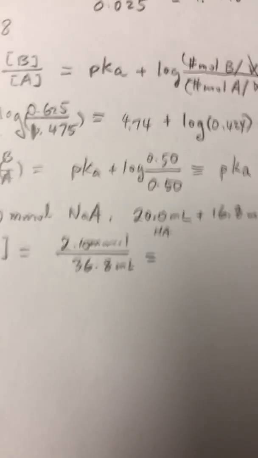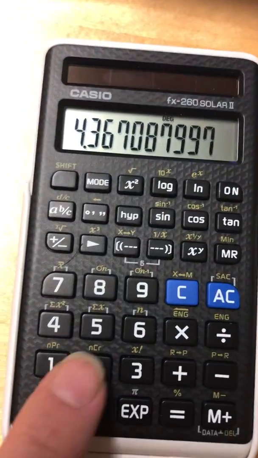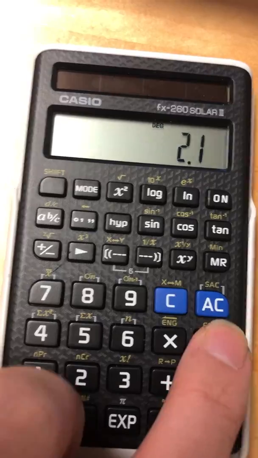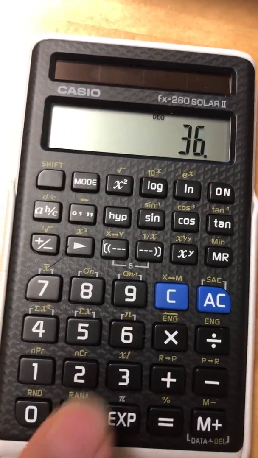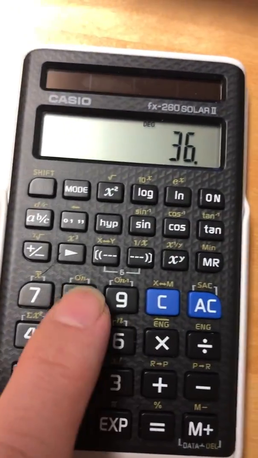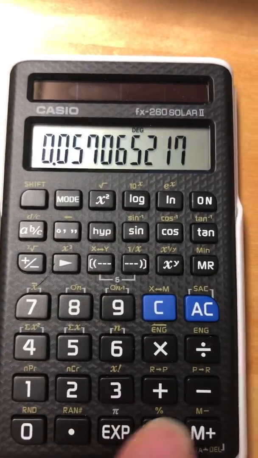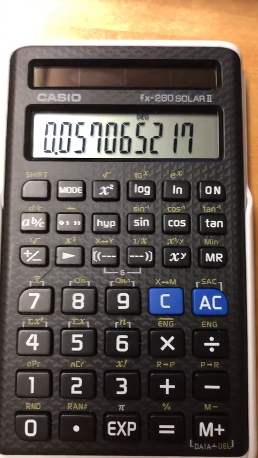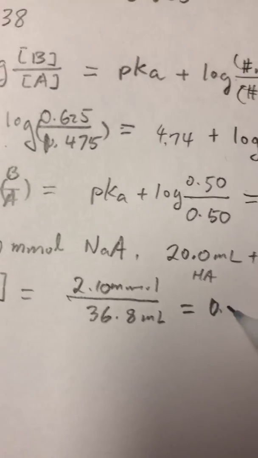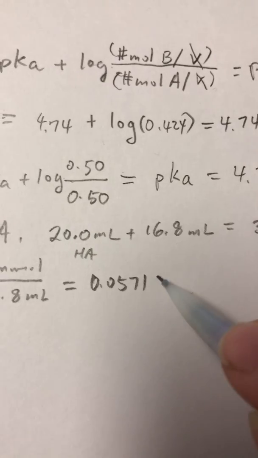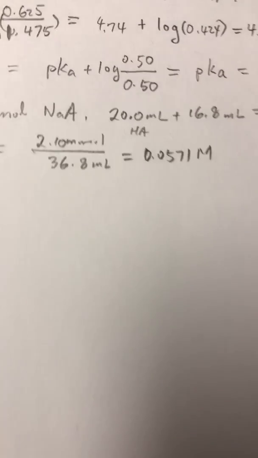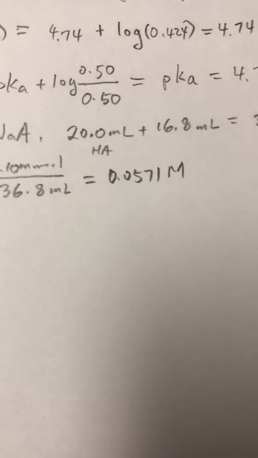If you want to keep 3 significant numbers, we have 2.10. So we got 2.10 divided by 36.8 equals 0.0571. 0.0559 is also okay.